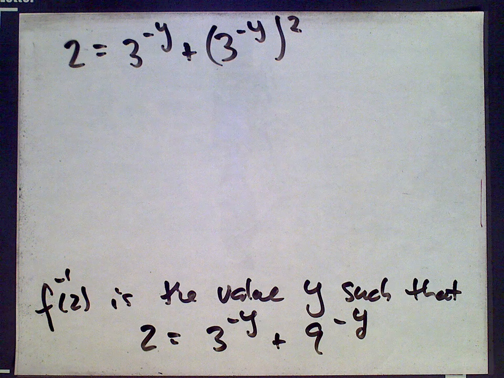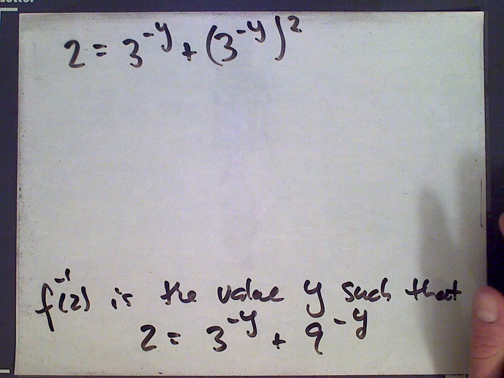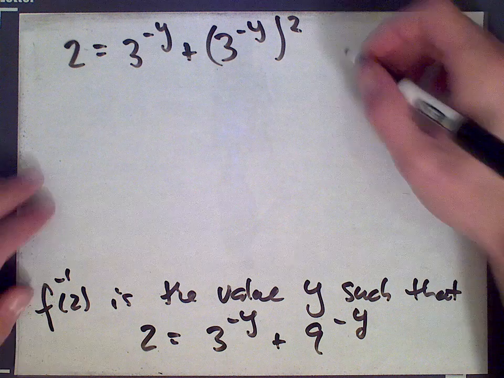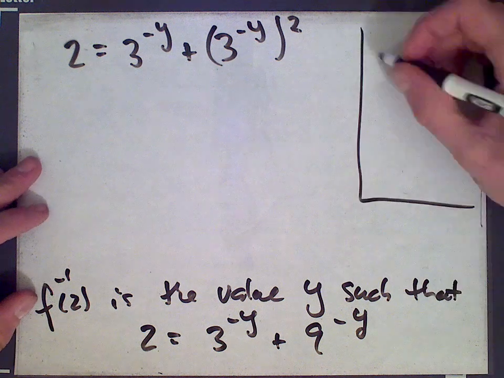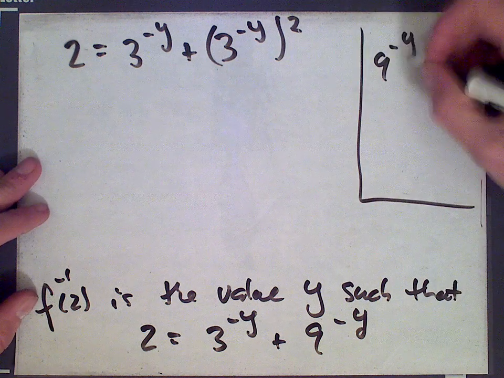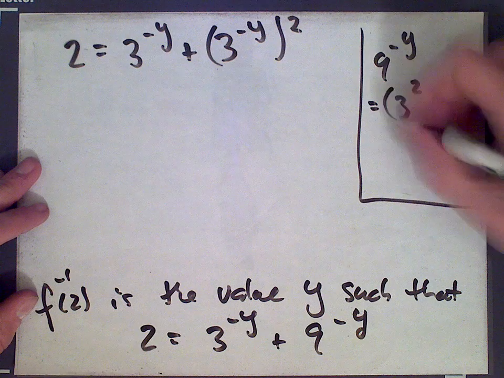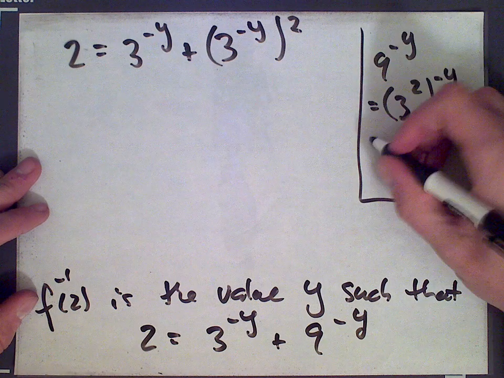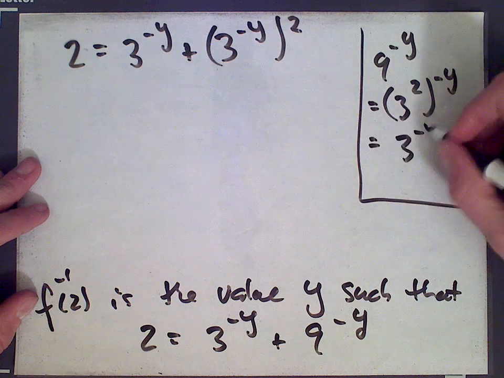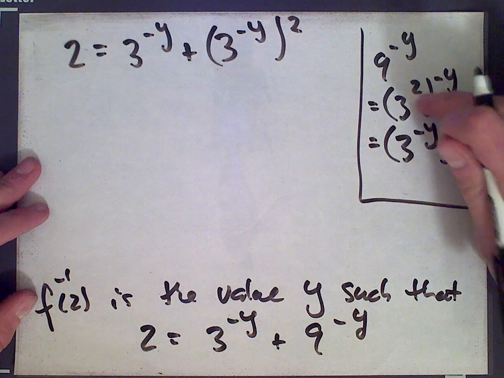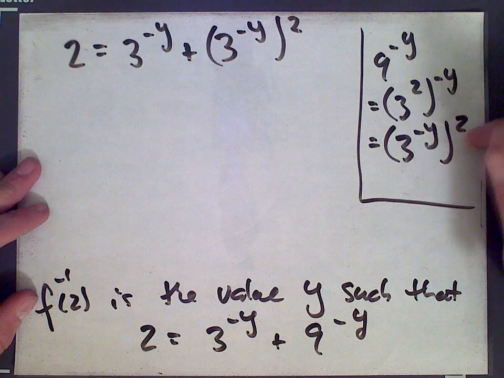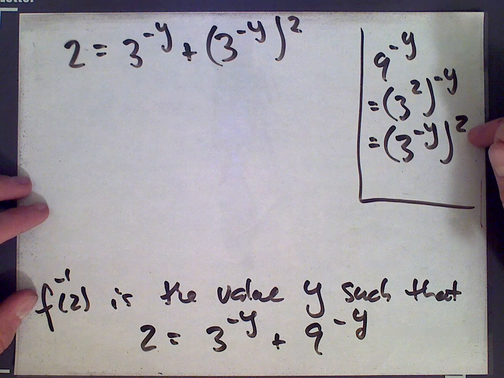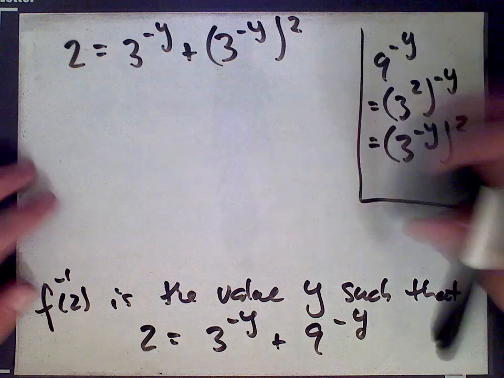Using our exponent rules, we can do this, but just as an aside here, 9 to the negative y is 3 squared to the negative y, which is 3 to the negative y times 2, because here we're just multiplying, and we can multiply in any order. Okay, so let me erase this.